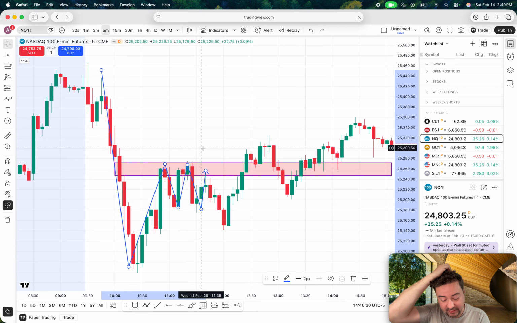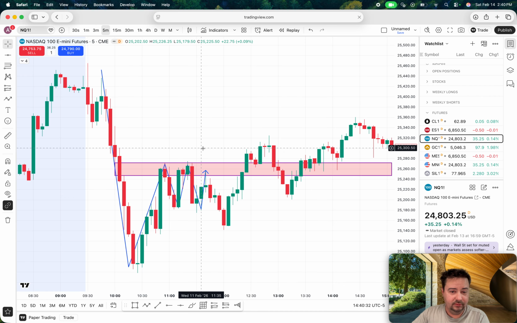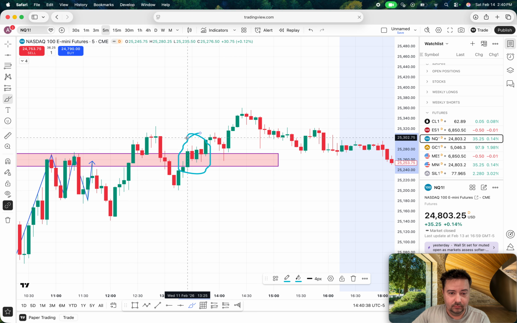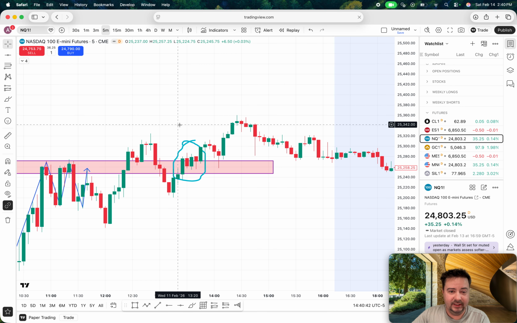Now, if the gap is inverted, in this instance right here, okay, then we can assume that market sentiment has changed, and then that's a confluence that price action is going to move higher.